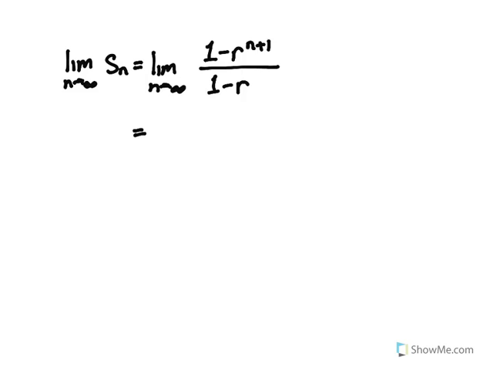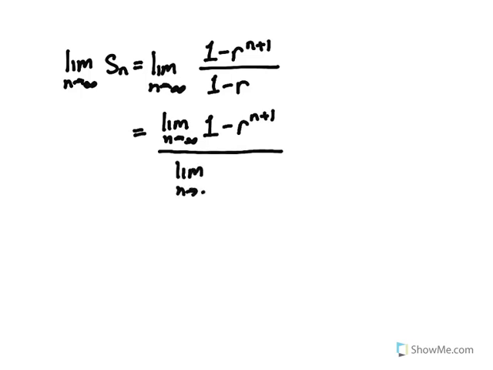We can split up the limit between the numerator and the denominator, so this is equal to the limit as n goes to infinity of 1 minus r to the n plus 1, over the limit as n goes to infinity of 1 minus r.